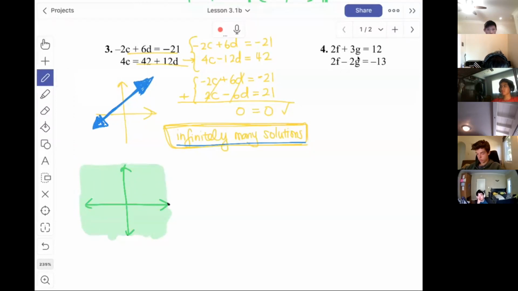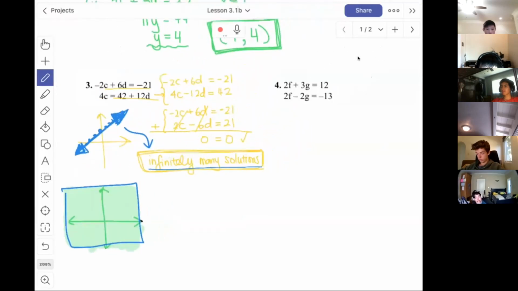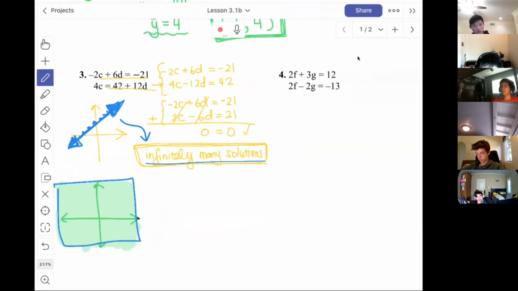And there's infinitely many points on this line. So that's why we don't write out all the points. So there's infinitely many solutions, but it's not the entire coordinate plane. Okay. Yeah, great question, Heidi. Nice. All right. Other questions?